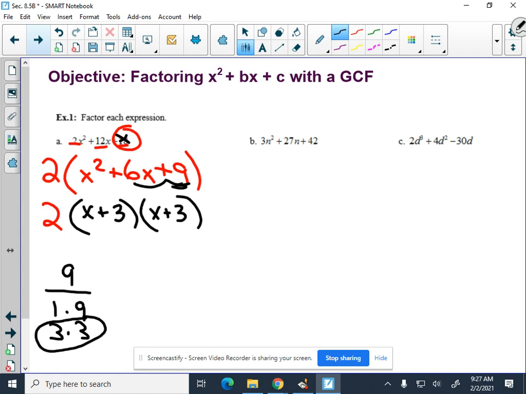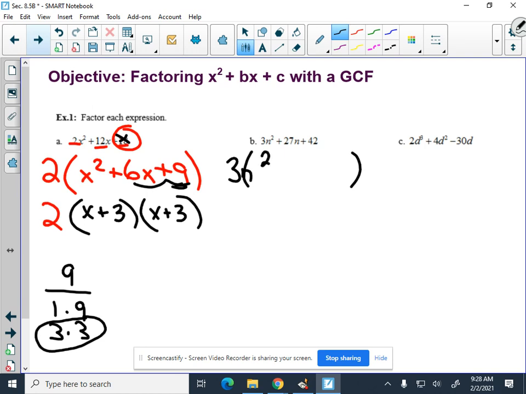This one, factor out the greatest common factor. What can you take out of there? 3 can come out.